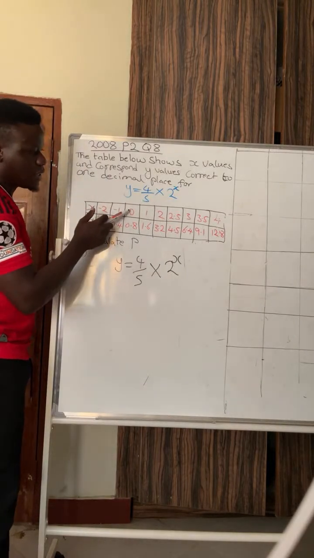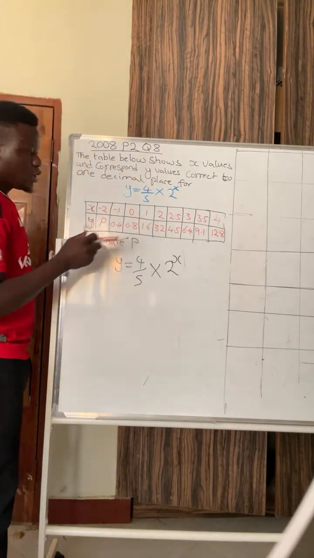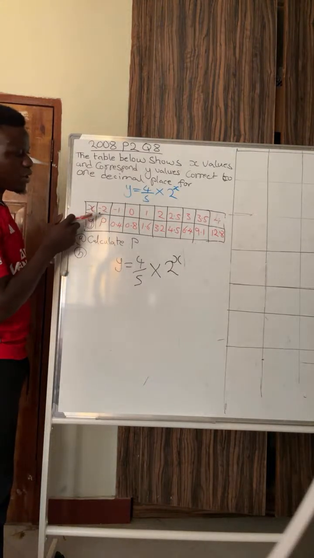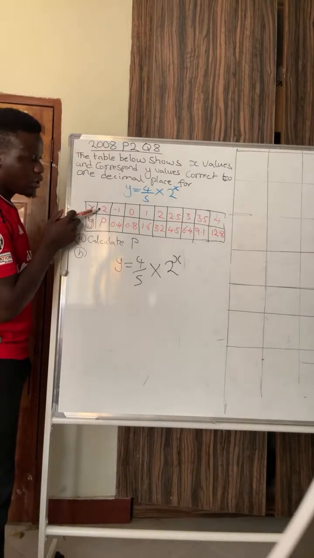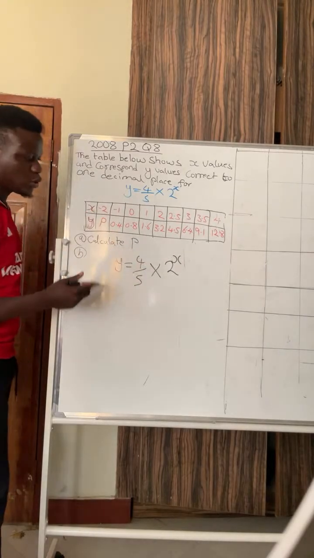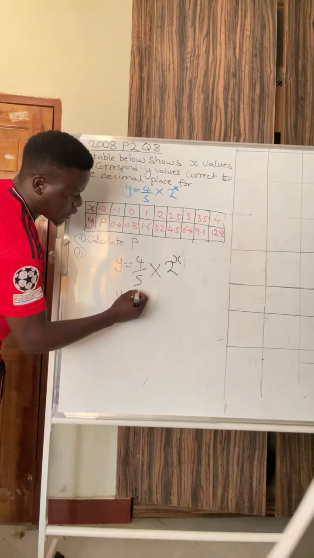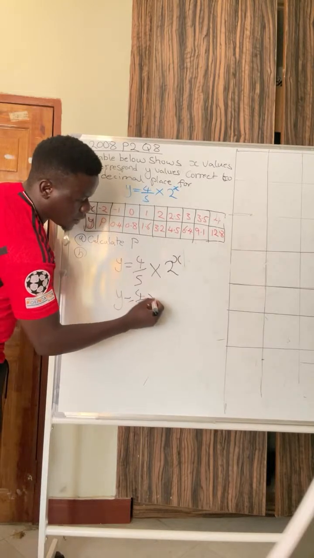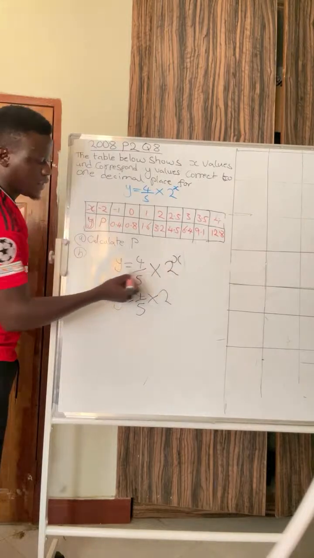Here we want to find the value of p, so we take x equals -2 and put it in the equation. This one is simple, I think it's just 1 mark. y is 4/5 times 2 to the power -2.